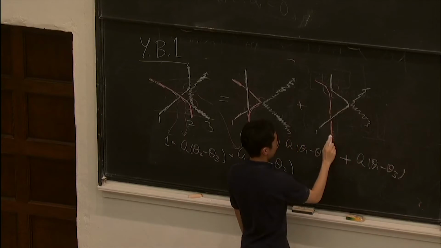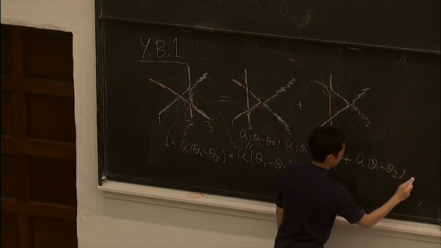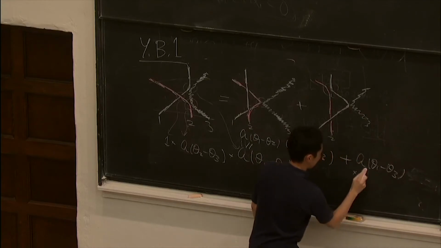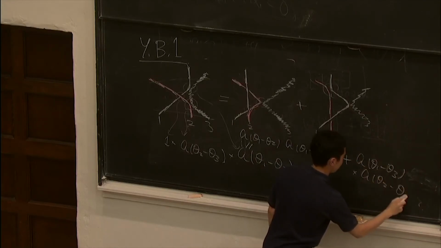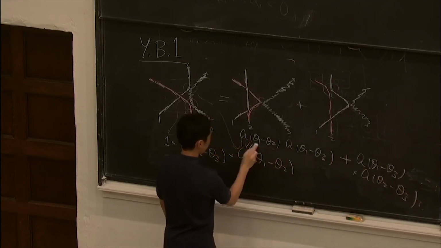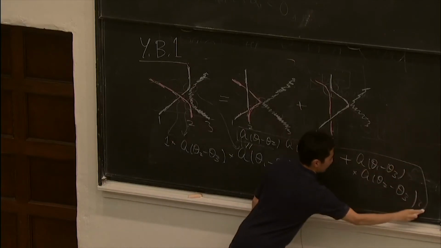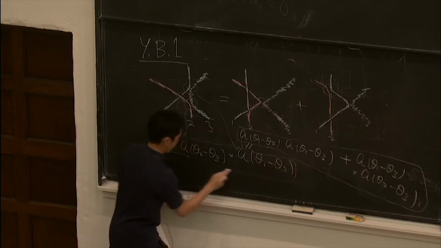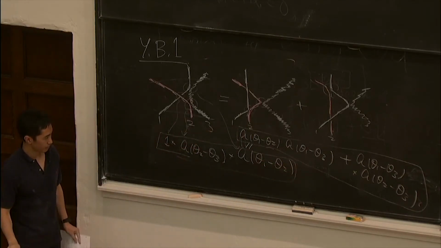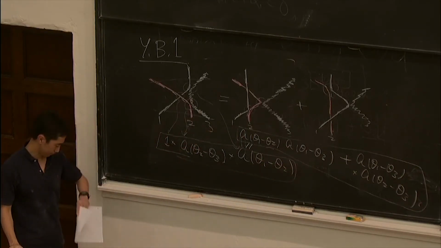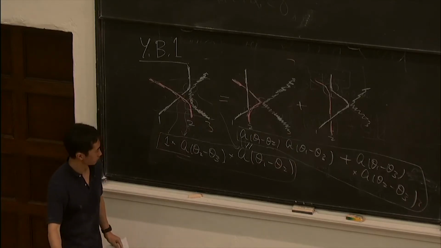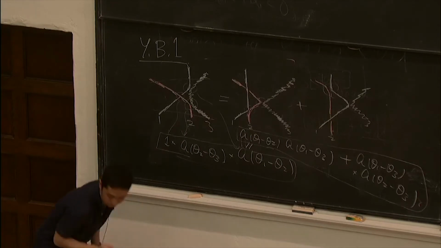And here I have a 2, 3 scattering, so I have A of theta 2 minus theta 3. You can clearly see that this analysis basically gives you this constraint on the A's. Is it clear?